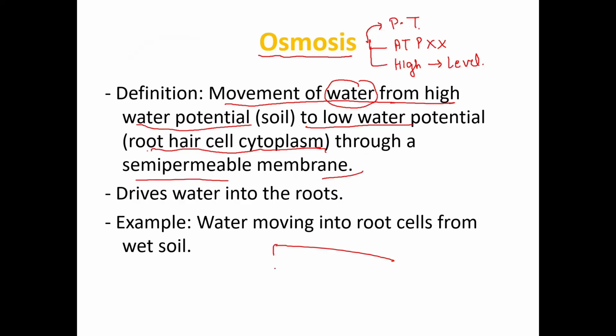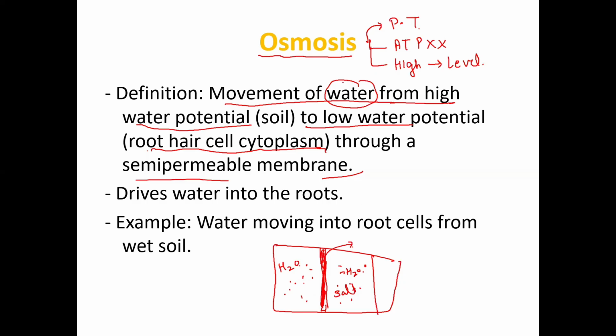If I draw a container and put a semi-permeable membrane, a membrane which allows only certain substances through, the water here is much more, but the water here is at very low concentration. We add some salt as well.